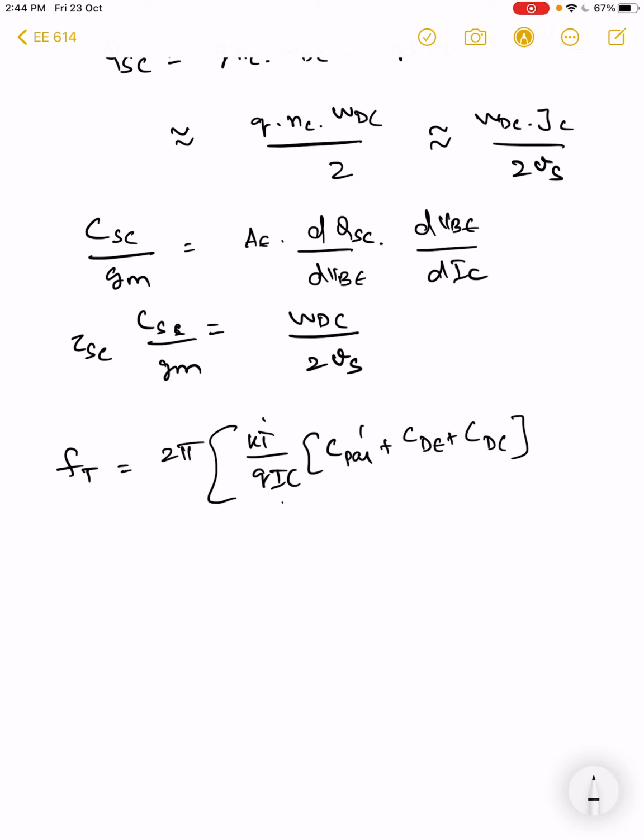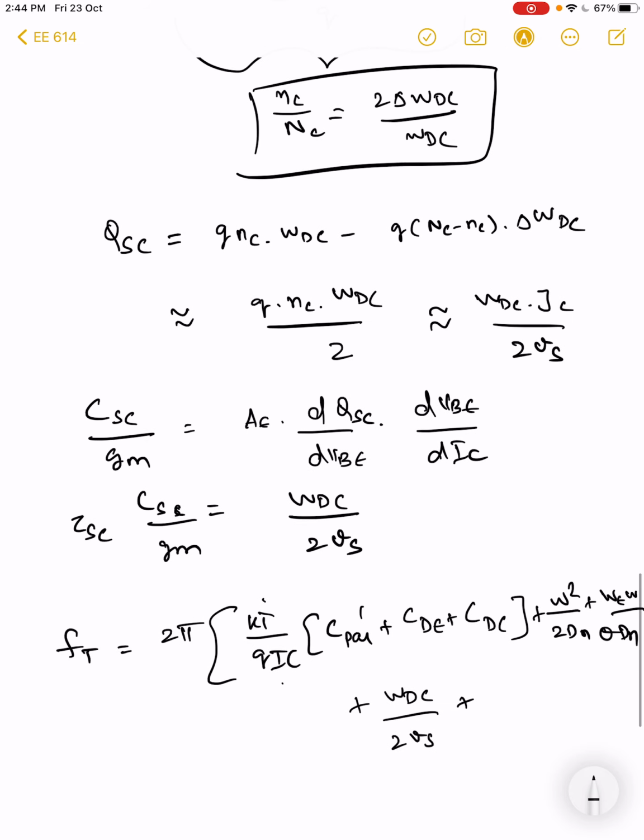So these are the capacitances which are current dependent, and we have the other terms which are current independent, which is W square by 2 Dn, the diffusion capacitance in electrons, WE W by theta Dp, diffusion in holes, plus WDC by 2Vs, space charge in the collector, plus you have some sort of a collector resistance, right?